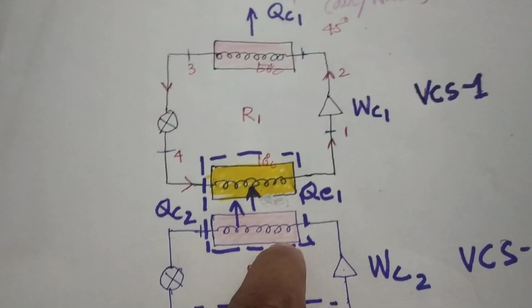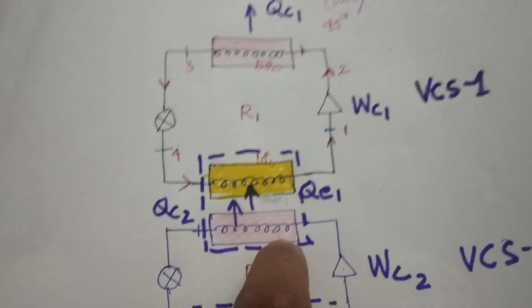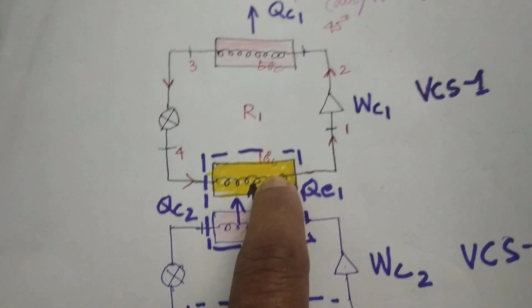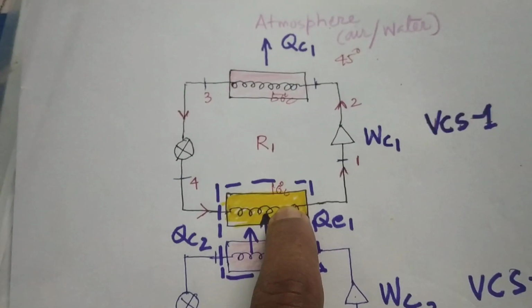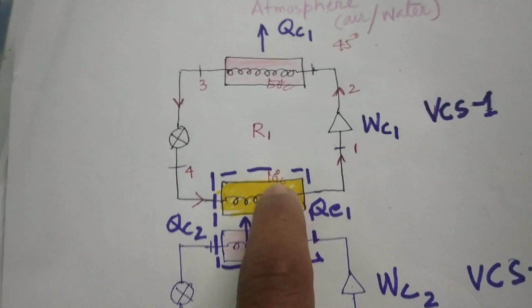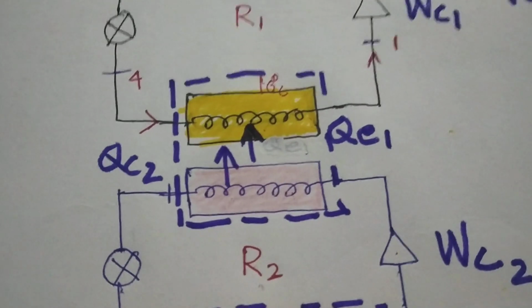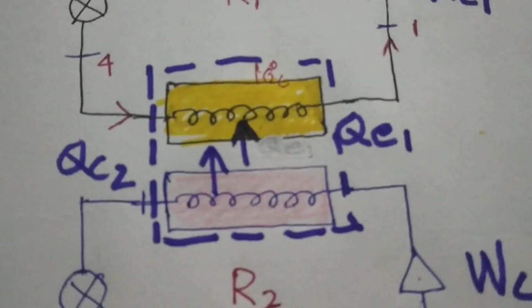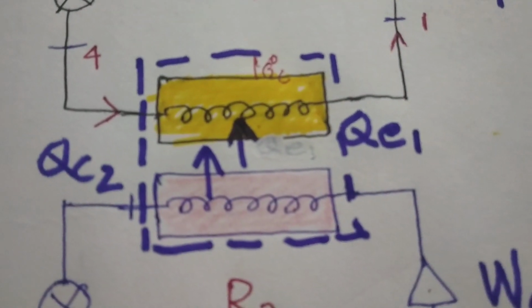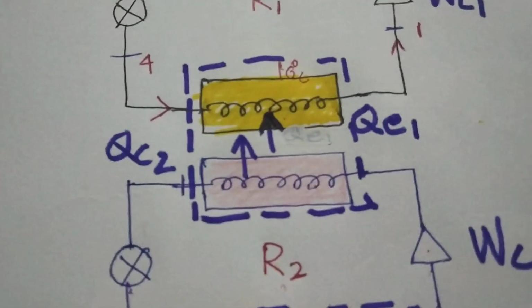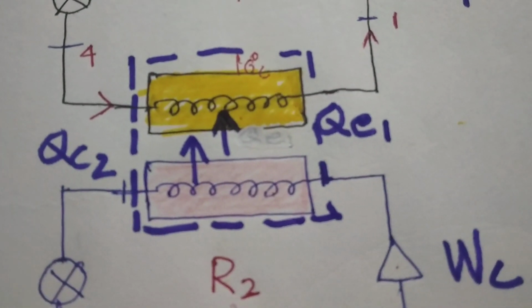So the condenser of vapor compression system 2 interacts with the evaporator of vapor compression system 1. The condenser of vapor compression system 2 rejects heat.